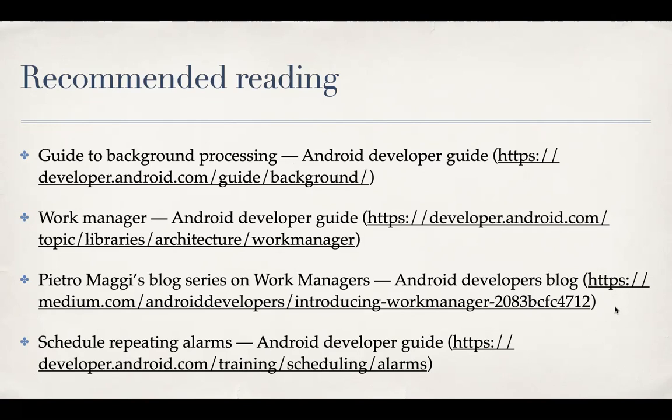The Work Manager page on the Android Developer Guide, of course, introduces the Work Manager as the modern, sophisticated, all-encompassing way of handling or scheduling jobs instead of having 3, 4 different types as they used to have until quite recently.